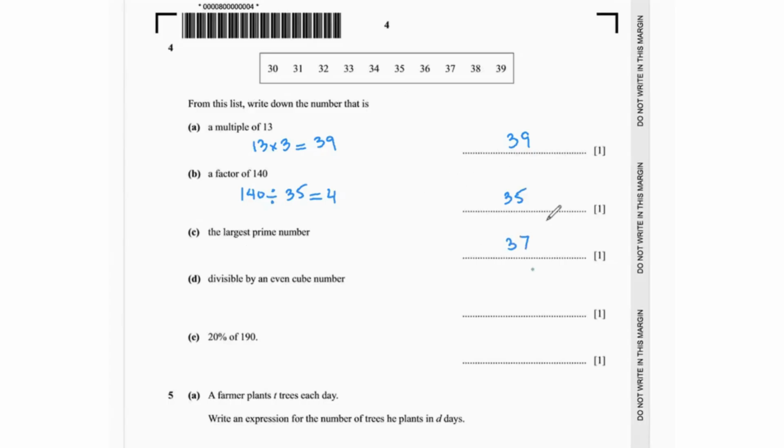Then divisible by an even cube number. So divisible by an even cube number is 32, because 32 divided by 8 is 4 and 8 is an even cube number. 20% of 190, so 20 over 100 times 190, that is going to be 38. So these are your answers.